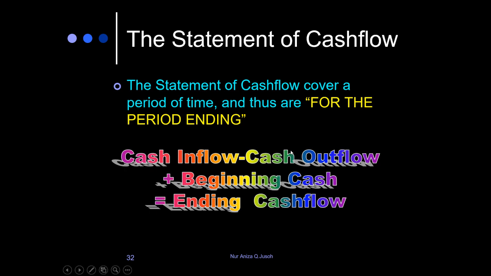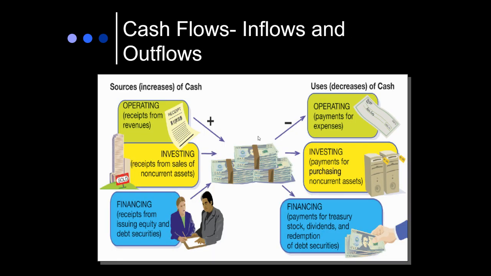When you prepare the statement of cash flow, usually the title will be the statement of cash flow for the period ending, and the formula that you're going to use will be cash inflows minus cash outflows plus beginning cash to get the ending cash. This will be reflected in the statement of cash flow according to the activities: operating, financing, and investing.